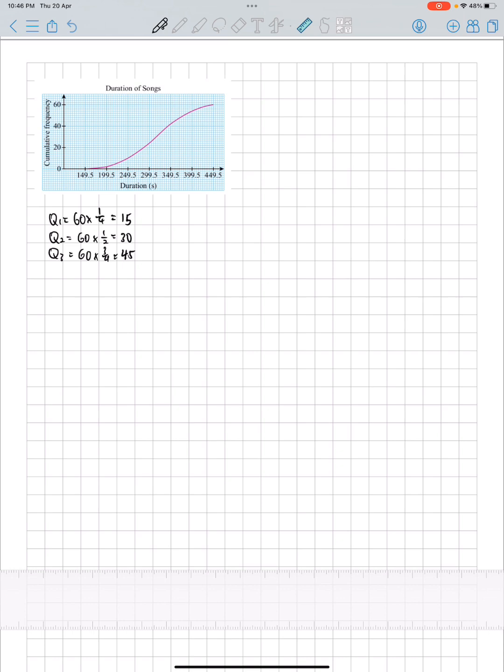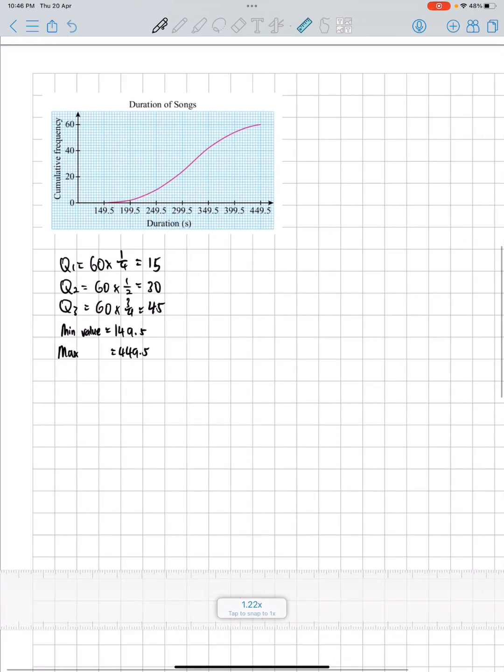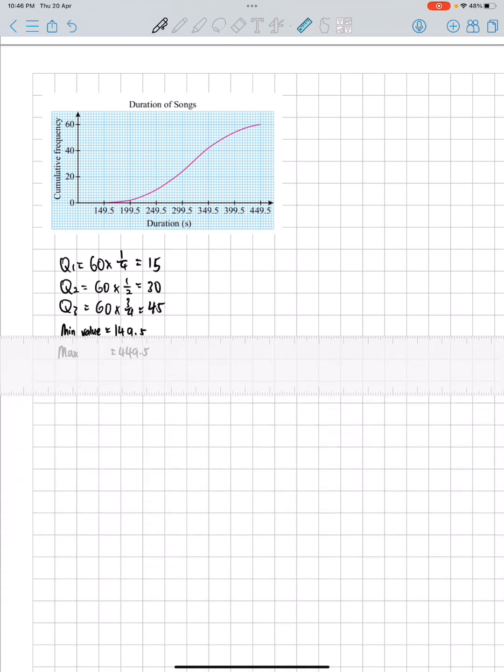And the minimum value, we can see here, equals 149.5, and the maximum is 449.5. Okay, now let us start drawing the box plot.